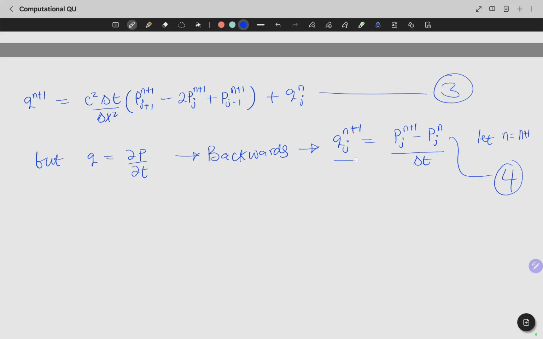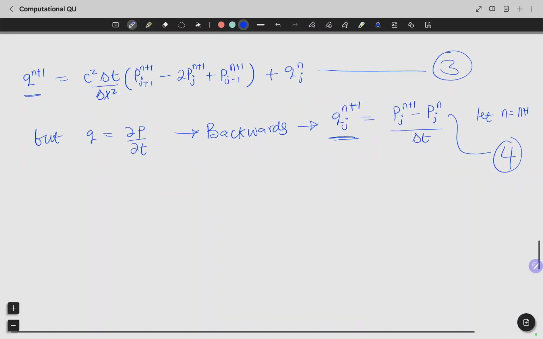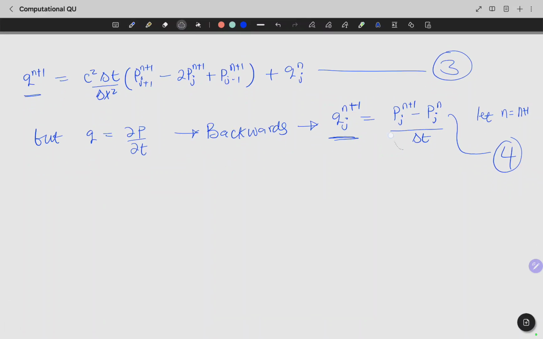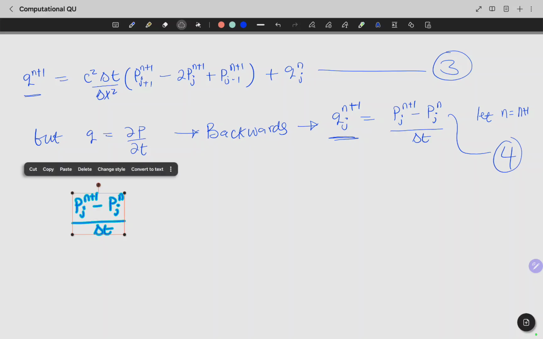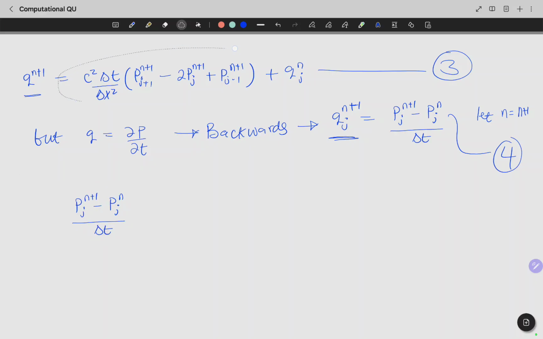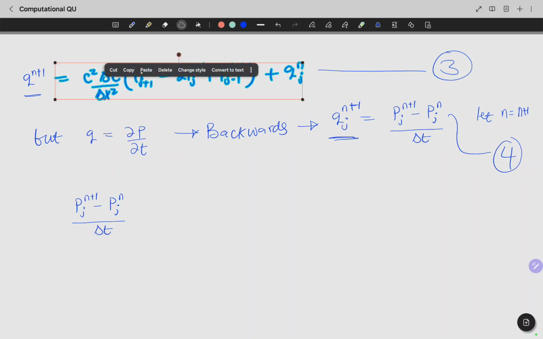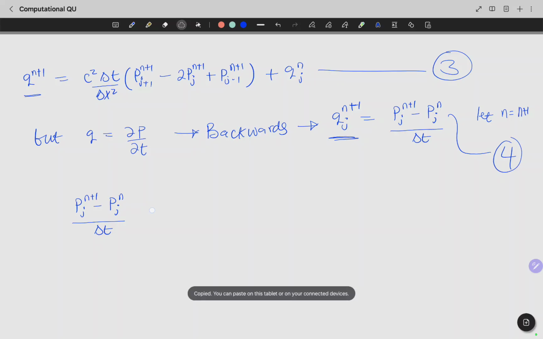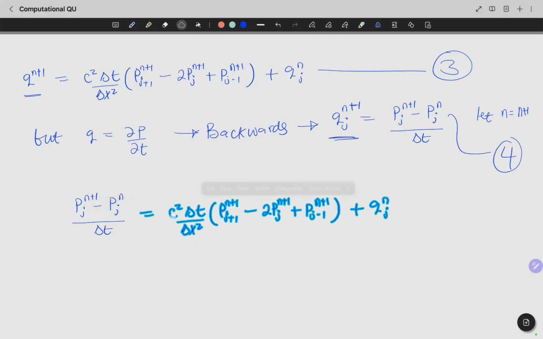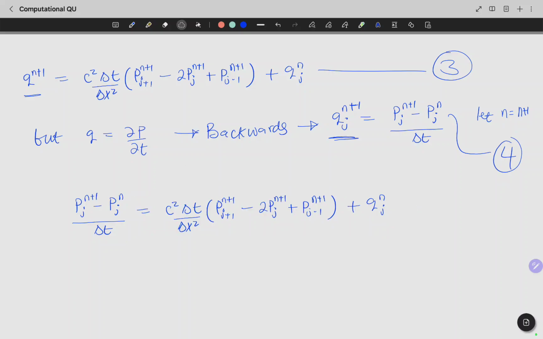We can now substitute this here, and then we end up with this equals this. Yeah, so we end up with this.